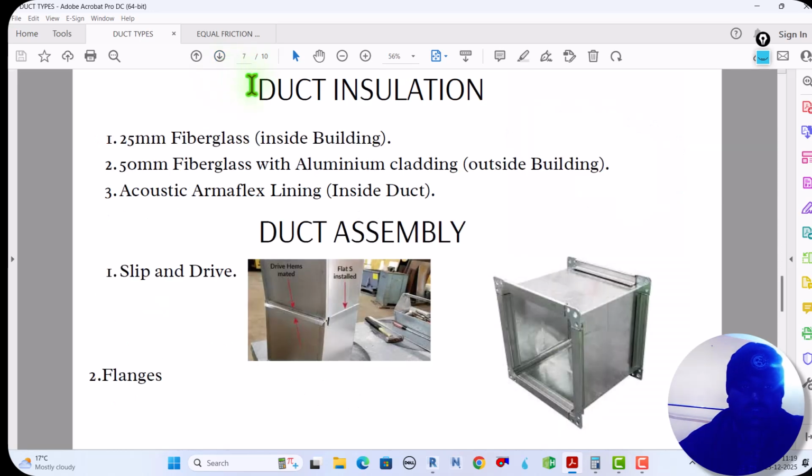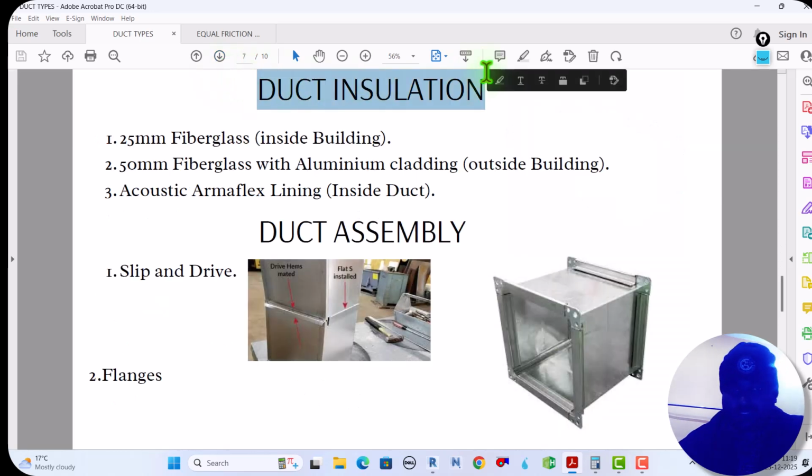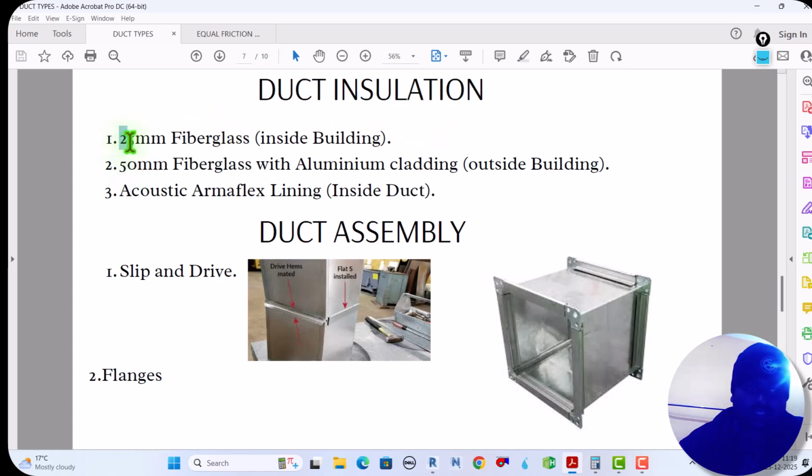Duct insulation is very important. After sizing the duct, we insulate the duct with 25 mm fiberglass. When the duct is inside the building, we use 25 mm fiberglass to insulate.